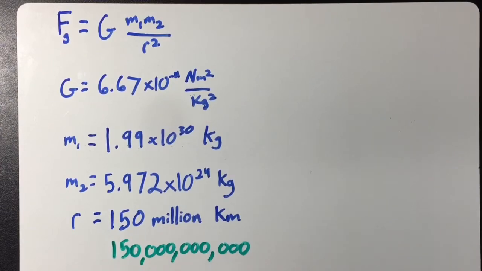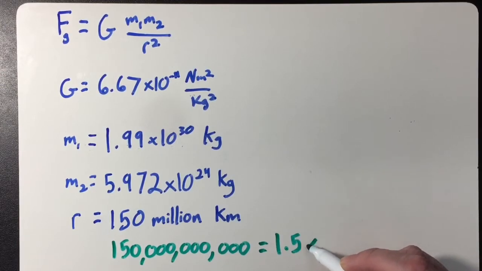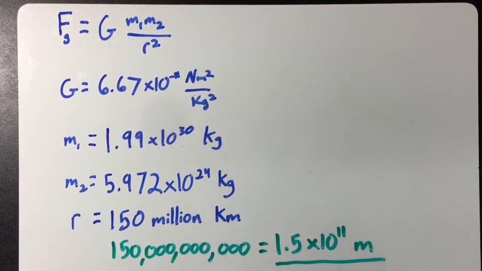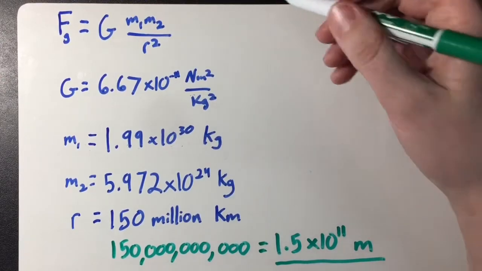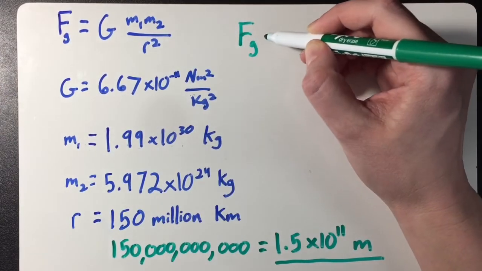Now, that's ridiculous, so we're going to put that in scientific notation. 1.5 times 10 to the 11th meters. That's my radius.